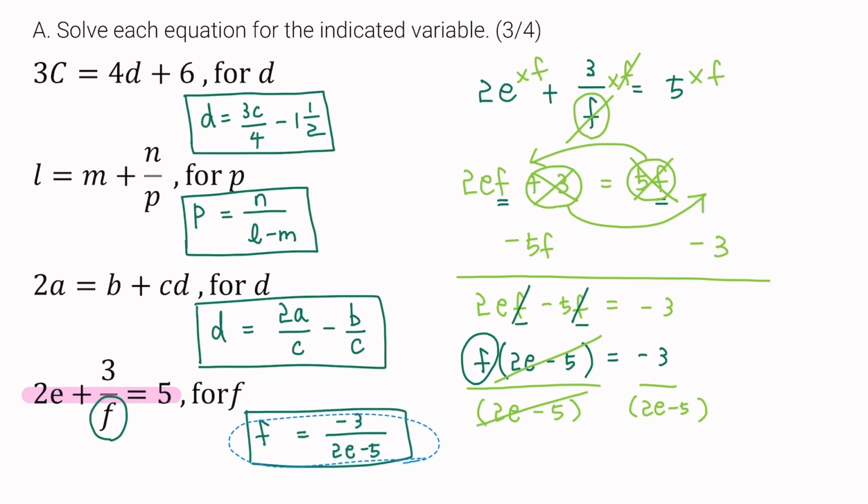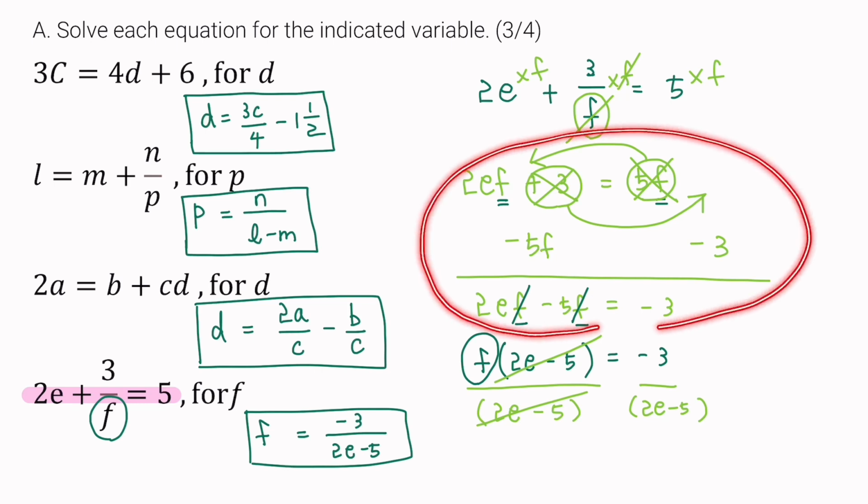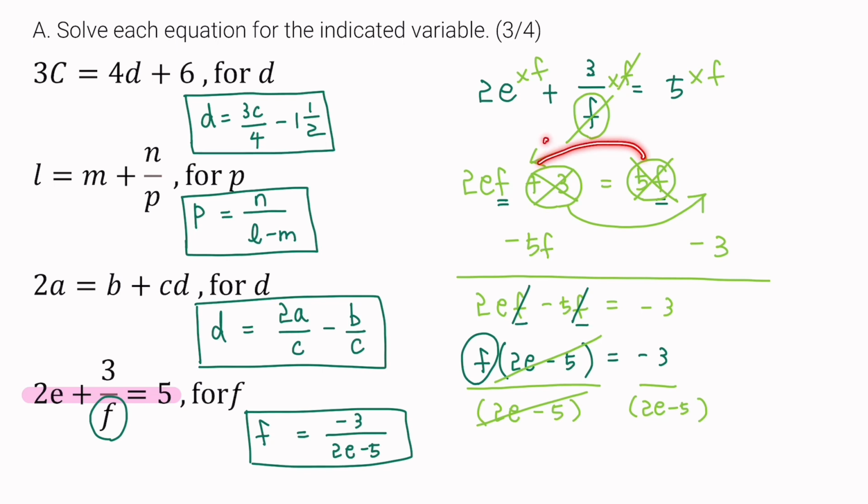All right, so this part could have been a little confusing, but if you find my method of crossing over a little confusing, then you can always subtract 5f from both sides to get rid of the variable that you want to get rid of.